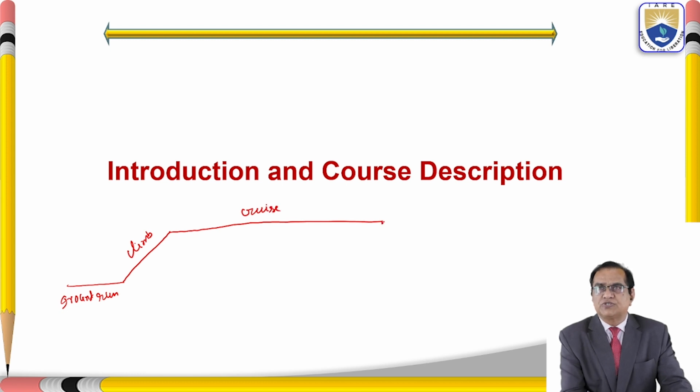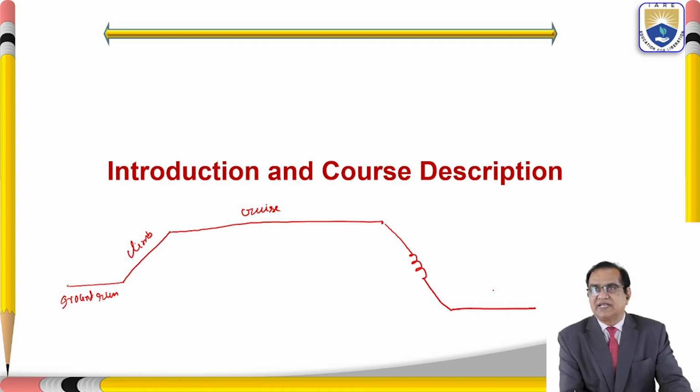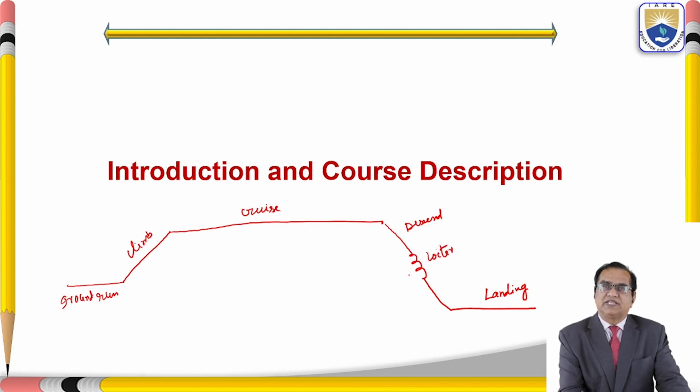From cruise, to the next destination, it will start descending. Then it is loitering, again descending, and this is the landing. This is the descent. This is the loiter. It is called the loiter.